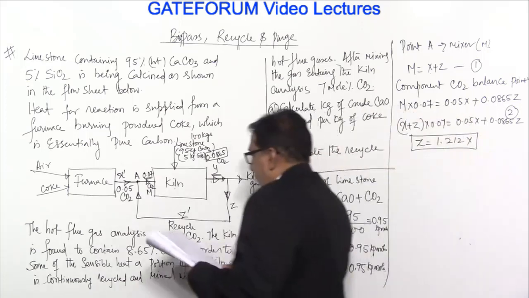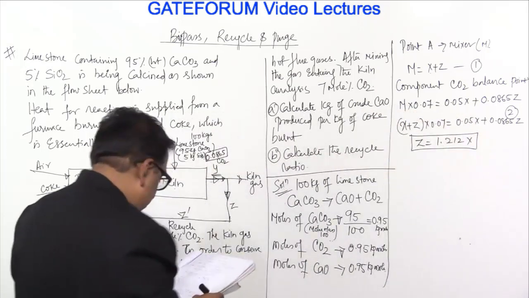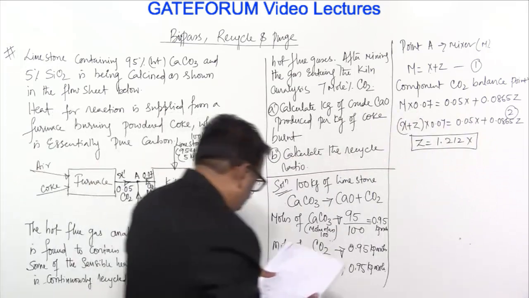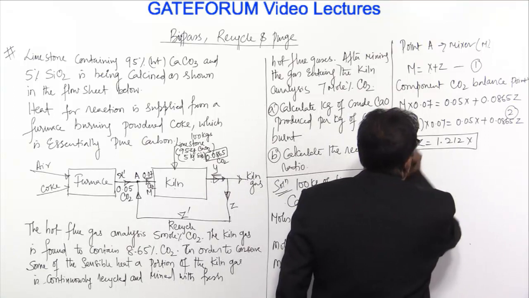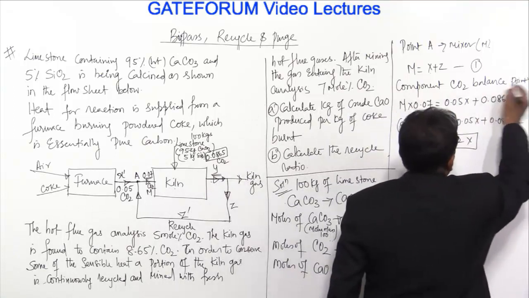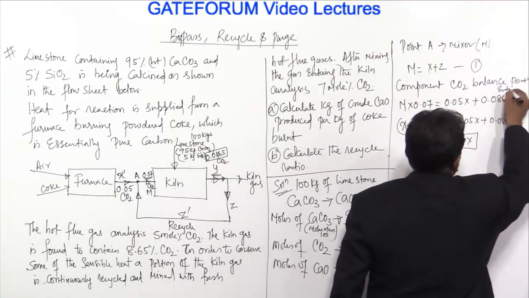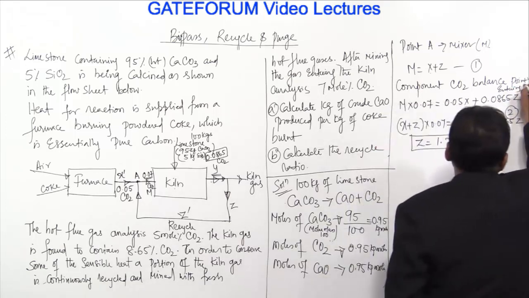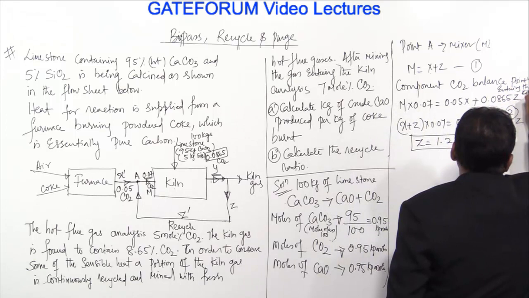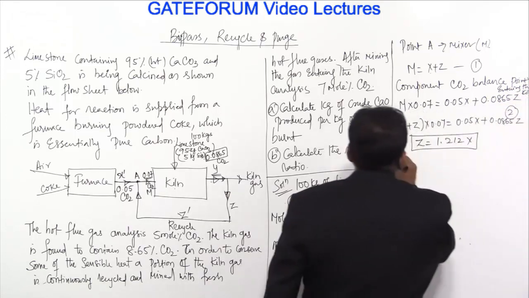So this is what we have written at the point A. Now the amount of CO2, this is the component balance at the point A, meaning entering, the amount at point A entering the clean here.